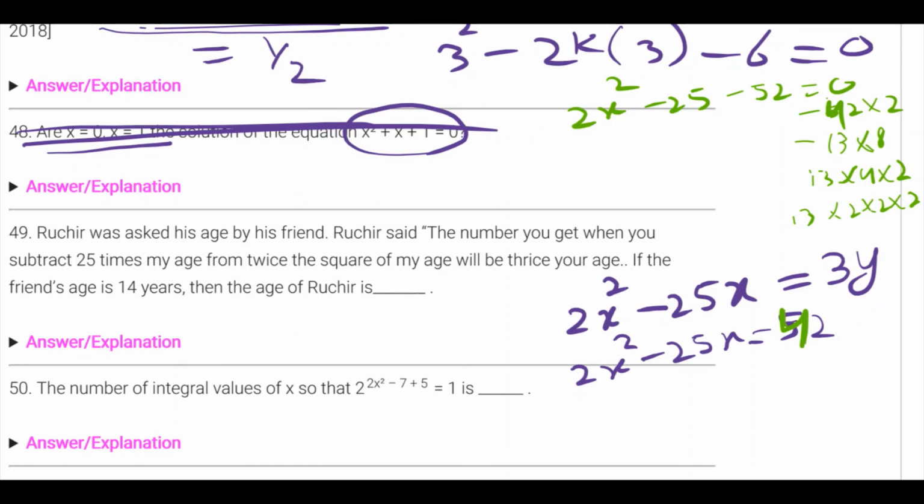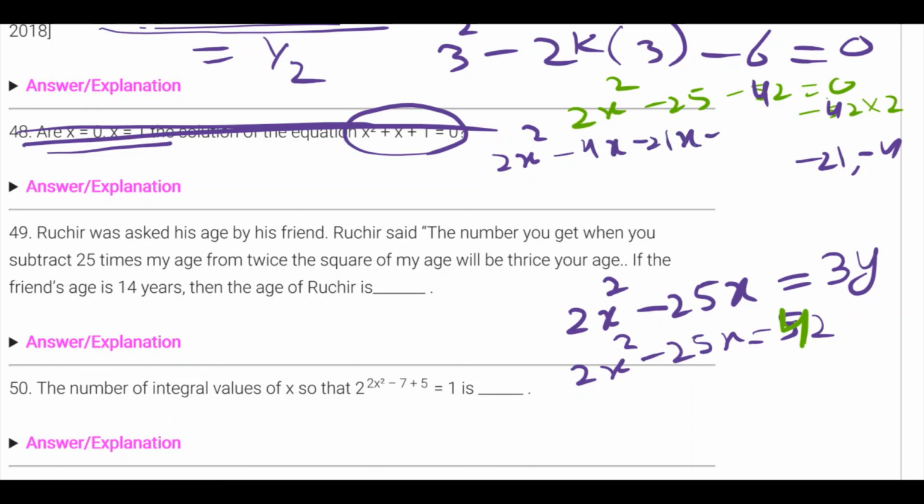The factors are 21 and 4. So minus 21, minus 4. 2x square minus 4x minus 21x plus 42 equals 0.